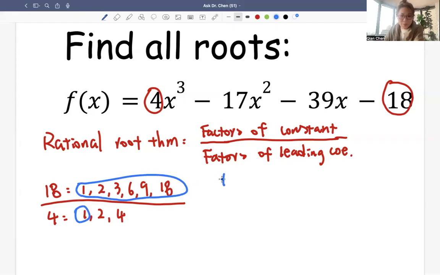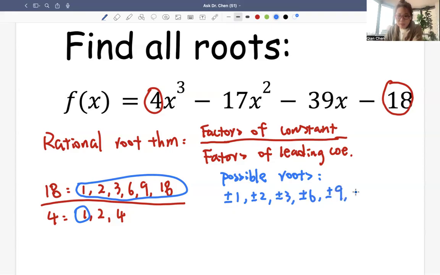So let's say possible roots. We just do this once. So possible roots: plus minus 1, plus minus 2, plus minus 3, plus minus 6, plus minus 9, plus minus 18.